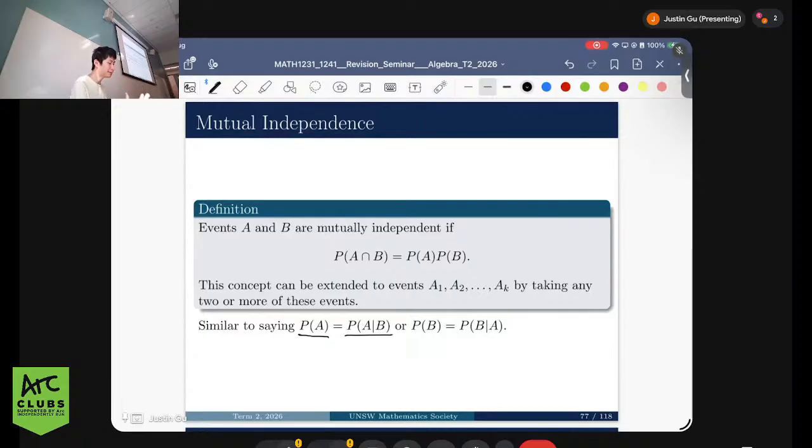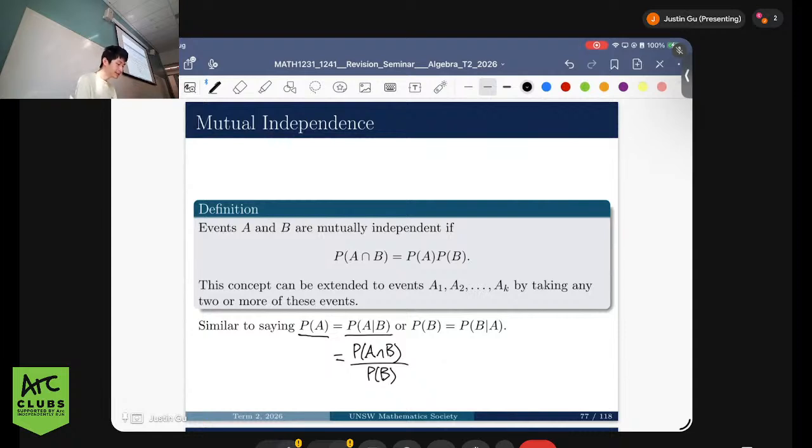If B happened, that shouldn't affect the chance of A happening. The probability of A given B is defined to be this, so if we multiply both sides by the probability of B, we get P of A intersect B is whatever we have on the right-hand side.